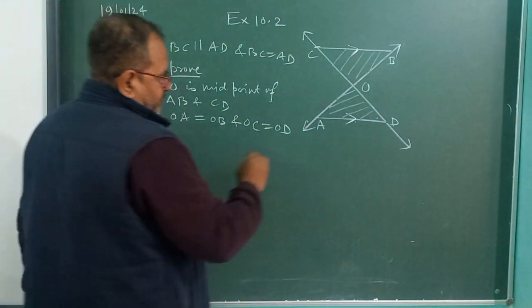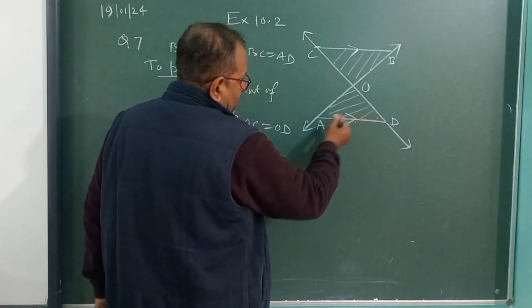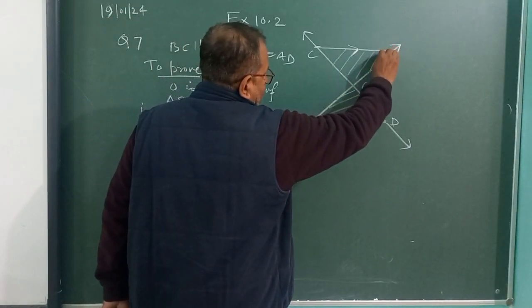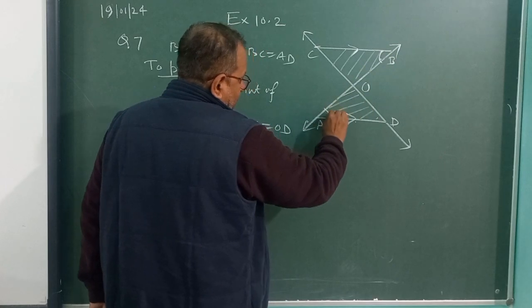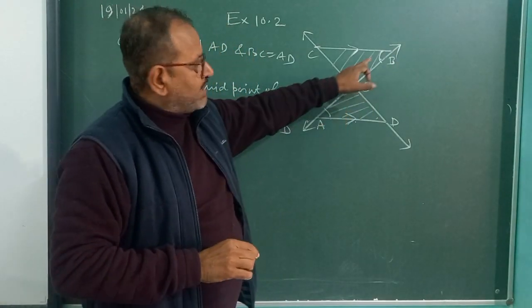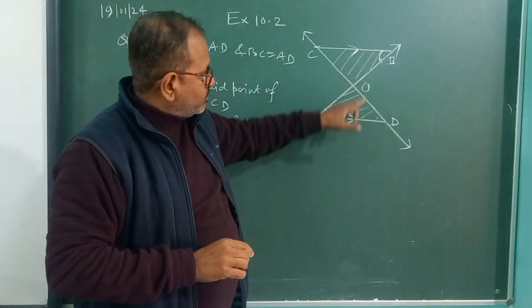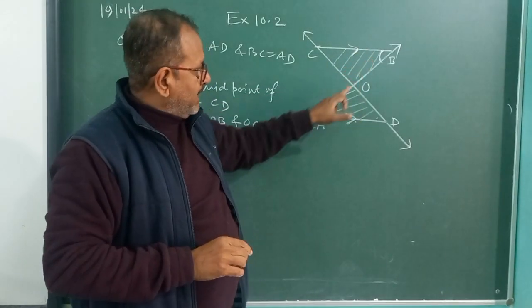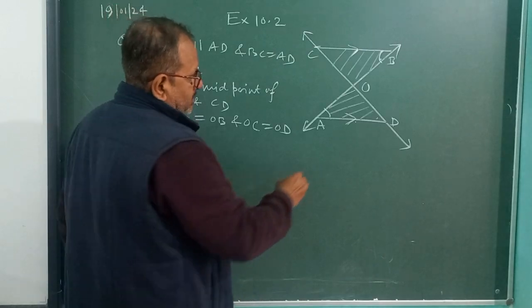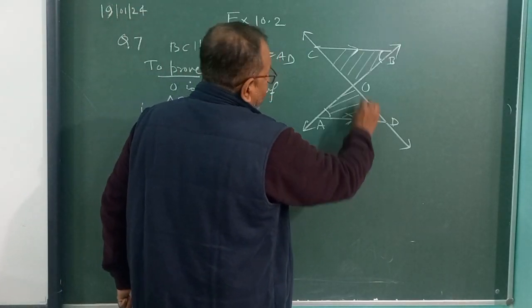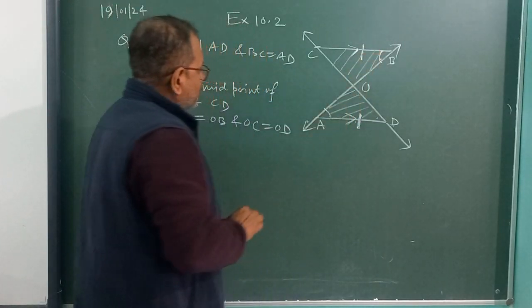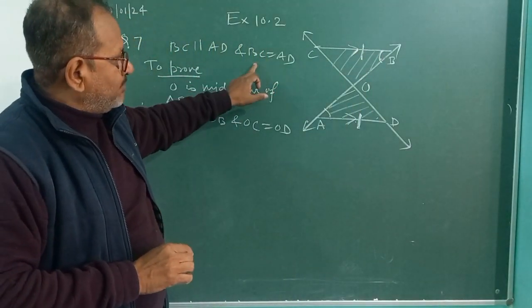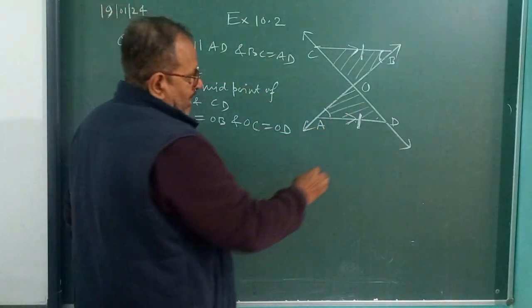So see here, angle B and angle A are equal because these two lines are parallel, so they are alternate angles. Alternate angles are equal. AD and BC, these two sides are given equal.